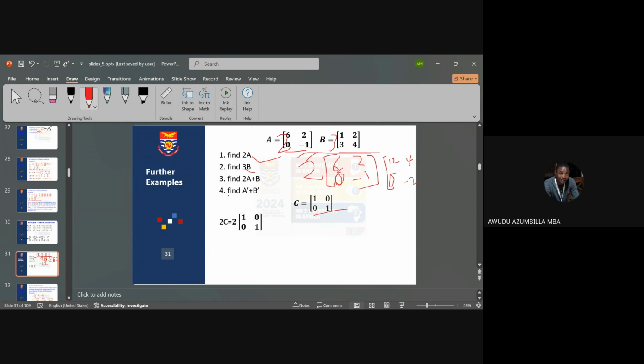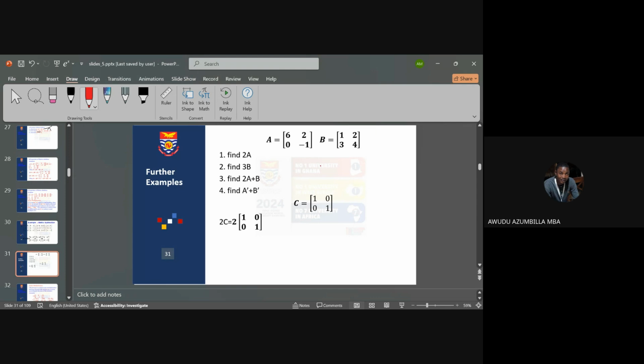Then you can also find A transpose. Remember that I said the symbol for this is the transpose, or sometimes you see A raised to the power T. It's the same as the transpose. So for the fourth one, you are going to take the transpose of A and B, then add them together.